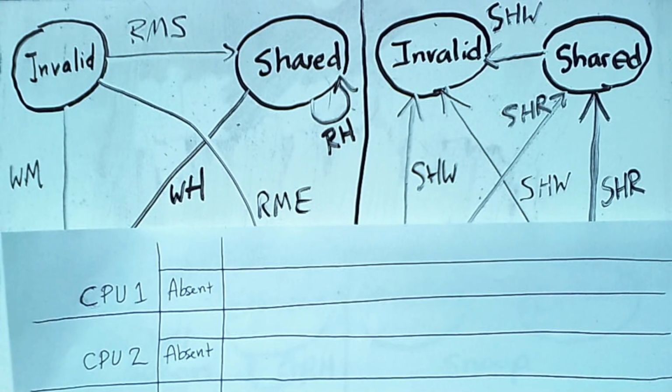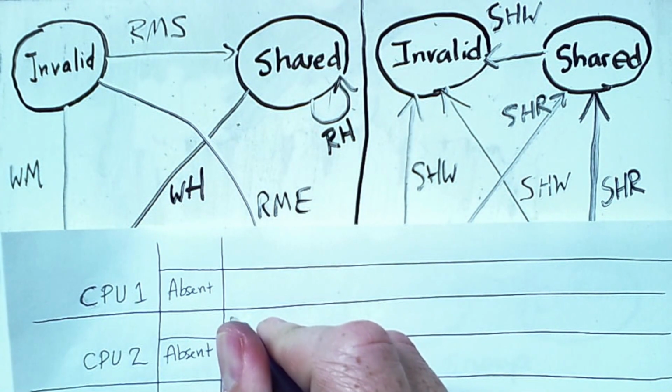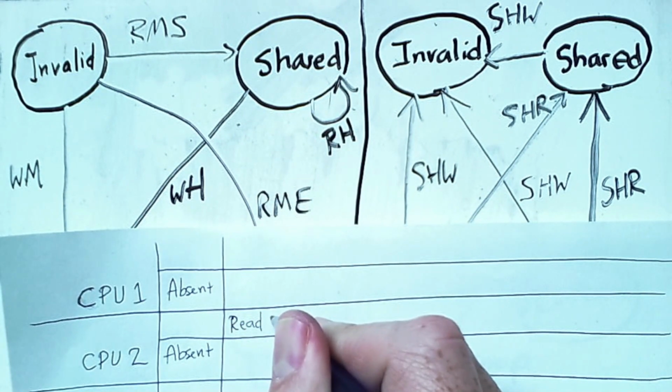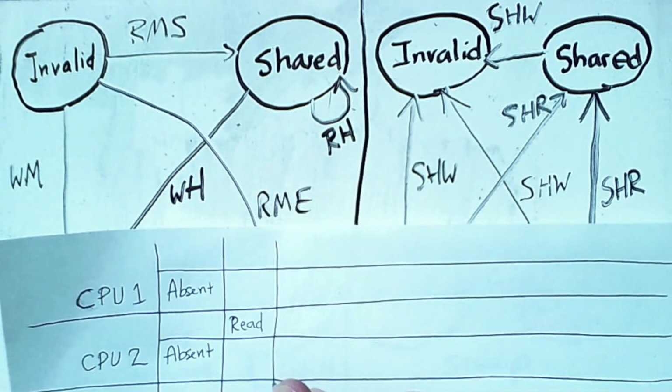Let's finish this video up with a quick exercise. Let's say that a particular area of memory that would correspond to a cache line is absent in the caches for two CPUs. These CPUs will be issuing some actions. So CPU 2 will read the data from memory, and we can look at our diagram back here to see what happens.